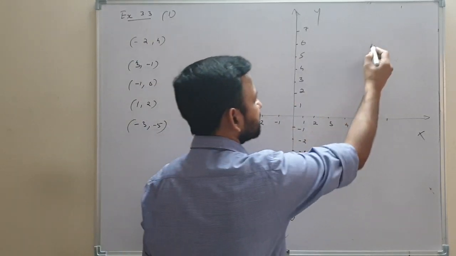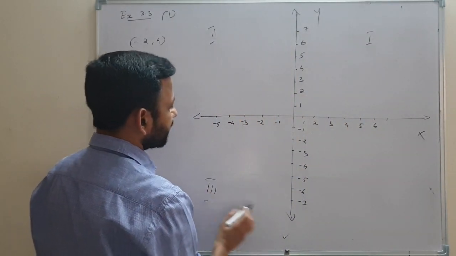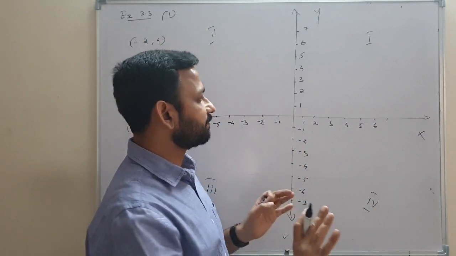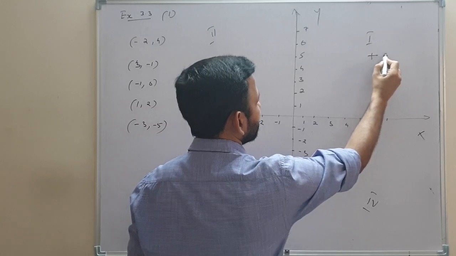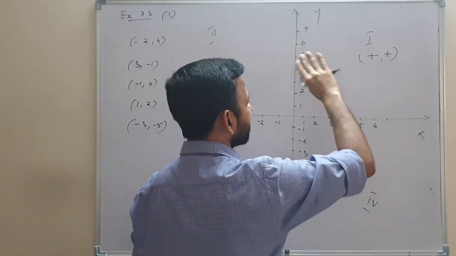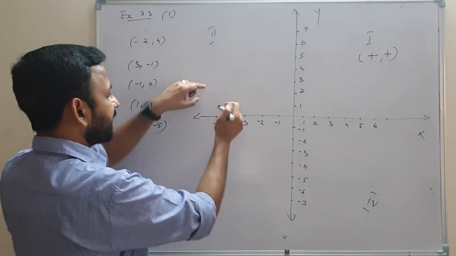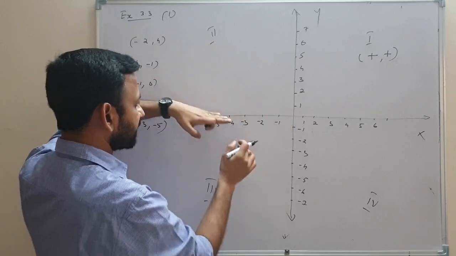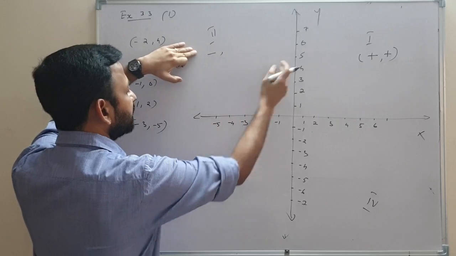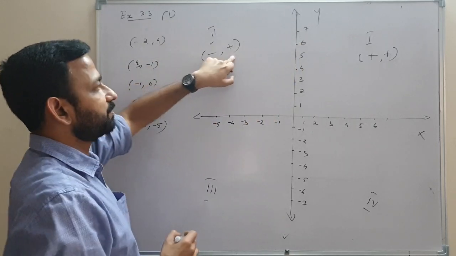This is the first quadrant, this is the second quadrant, then the third quadrant and the fourth quadrant. In the previous video we learned that in the first quadrant, the x coordinate and y coordinate are both positive, because we take the numbers from the positive direction of the x-axis and the positive direction of the y-axis. In the second quadrant, the x coordinate is from the negative side and the y coordinate from the positive side: negative, positive.